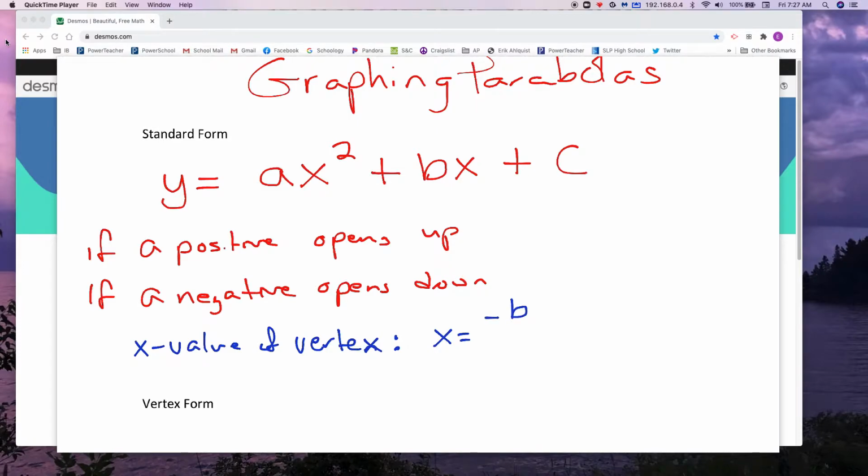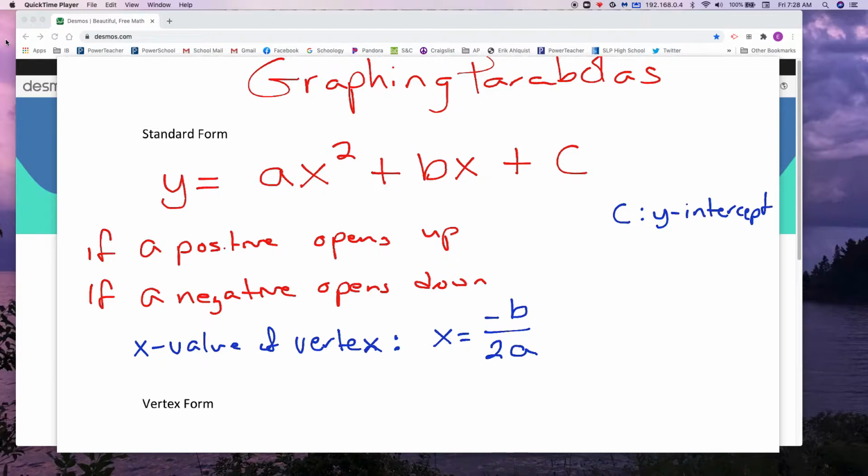So if b is negative, then you'd make that positive. So the opposite value of b divided by 2a. And then to find the y value, you would just find the corresponding y value. c is the y-intercept.